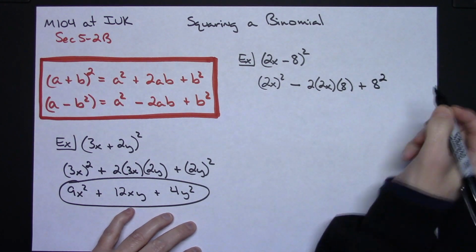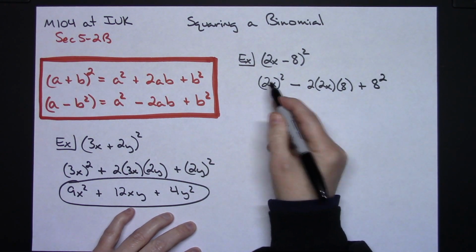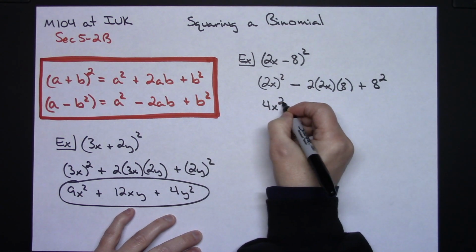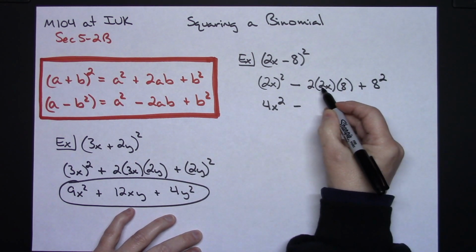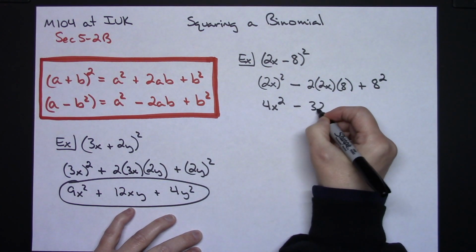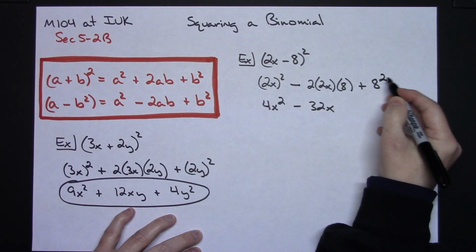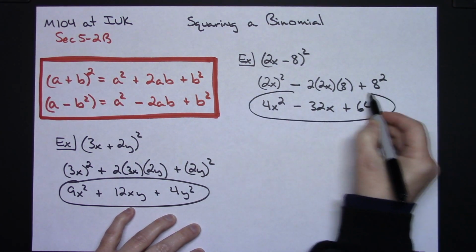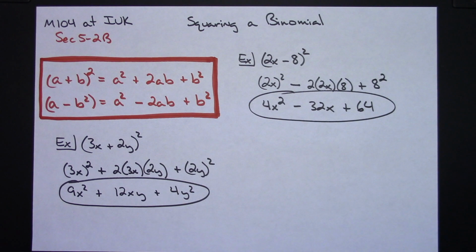Okay, so here, again, don't forget to square the coefficient in front, so this turns out to be a 4x squared. Multiplying 8 times 2 times 2 right there is going to give me a 32x, and then squaring that 8 on the end is going to give me a 64. Alright, so again, relatively quick using the formula.